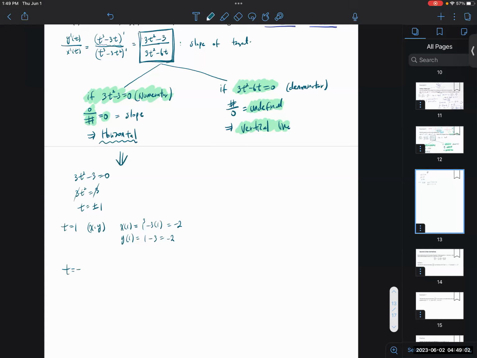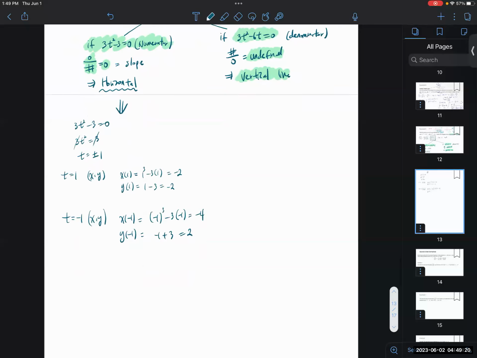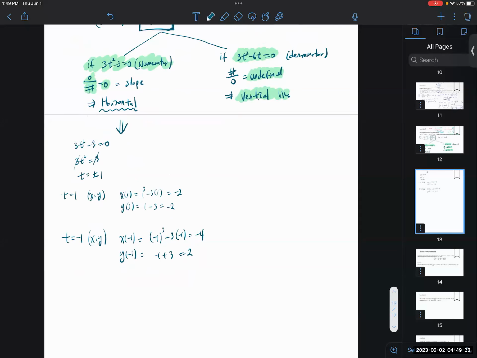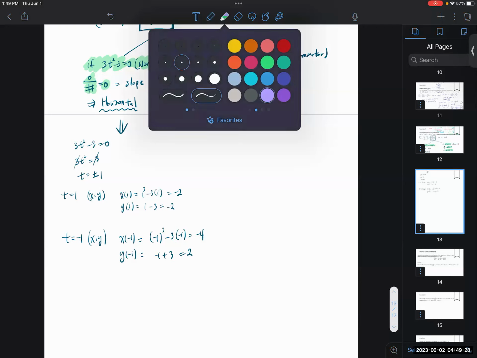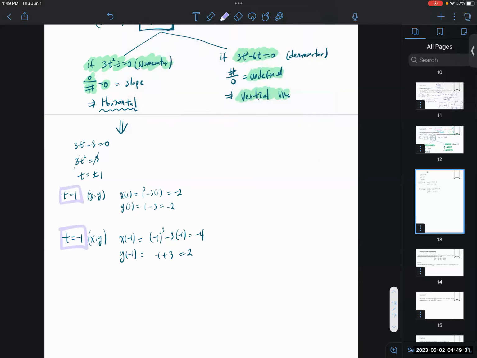And then t equal to -1: x of -1 is -1 cubed minus 3 times -1, you will get 2. y of -1 is -1 plus 3, you will get 2. So we have the x and y when t equals 1 and -1. That's our finding. These are your points: (-2, -2) and (2, 2).